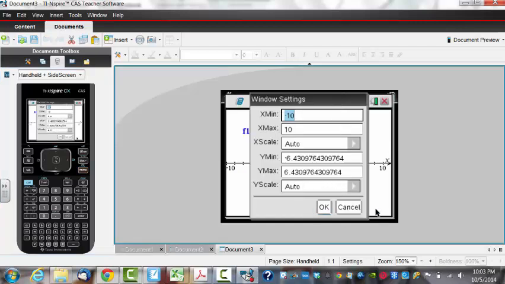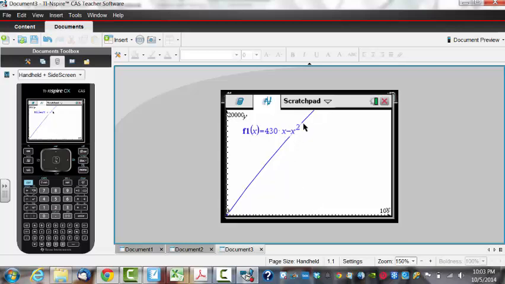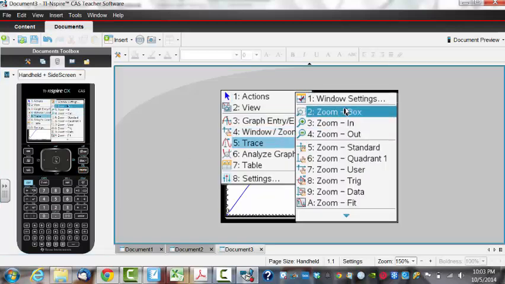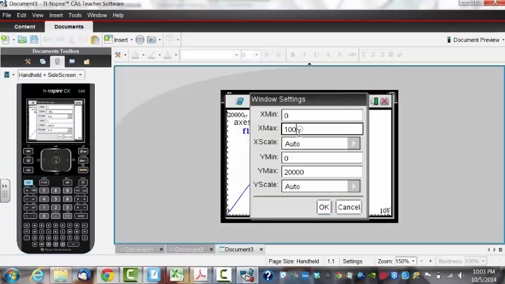So again, we're just talking about non-negative values. So you can always start off at 0 and 100. And let's go to the last time we had 0 to 20,000. You can see what that looks like, and that's not quite enough. We need a bigger domain and a bigger range. So from there, you just kind of continue manipulating your settings.